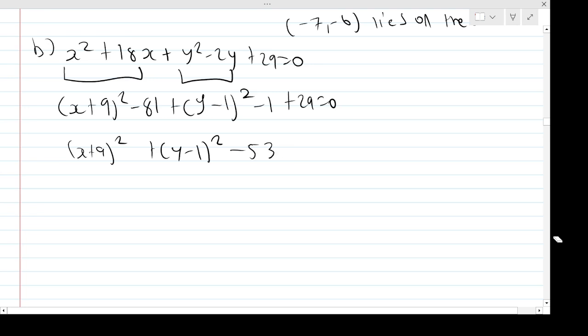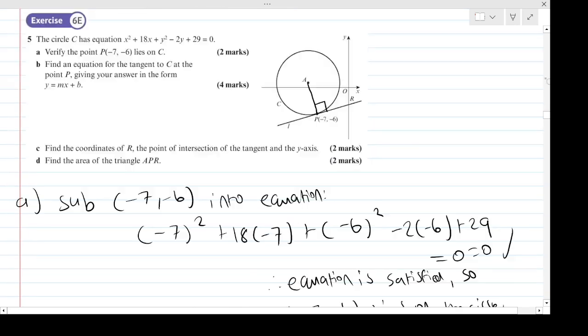Then I move that to the other side to get it equal to 53. Therefore the centre, I can read off: if it's plus 9 for x, it's minus 9, and if it's minus 1 for y, it's plus 1. So my centre is (-9, 1).